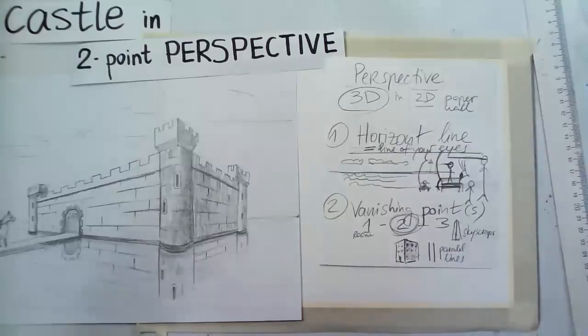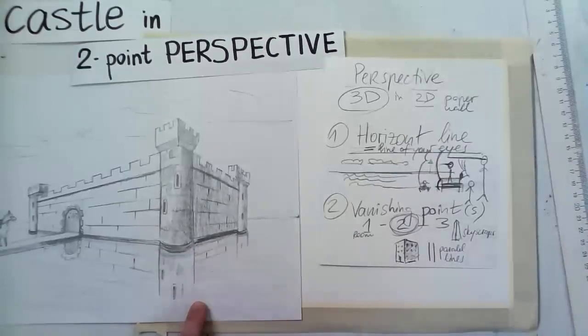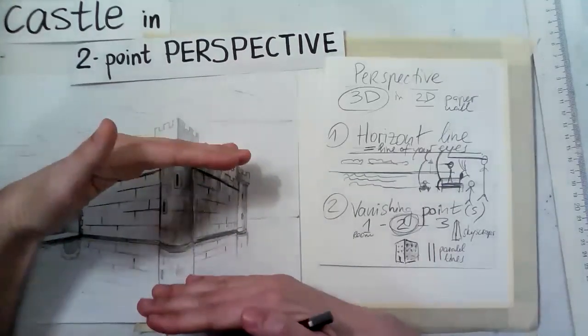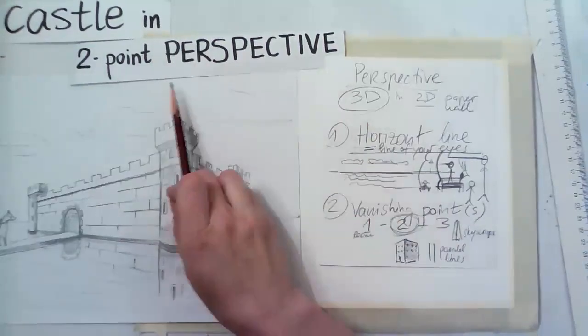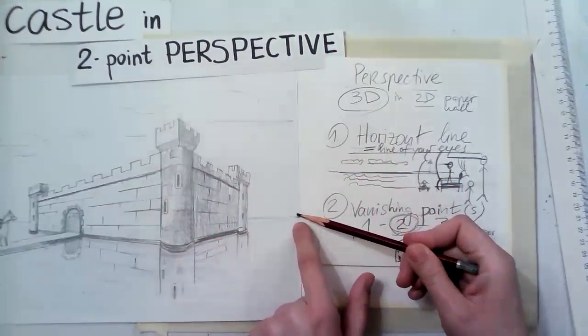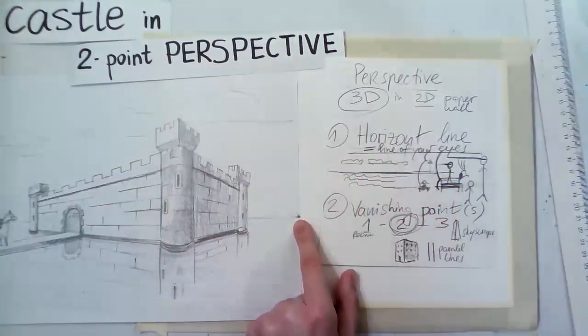So in real life, we know that this side and this side are actually parallel, they're not crossing. But when we draw them in perspective, they actually cross. They meet in 1 point, and this is the point that we are looking for.